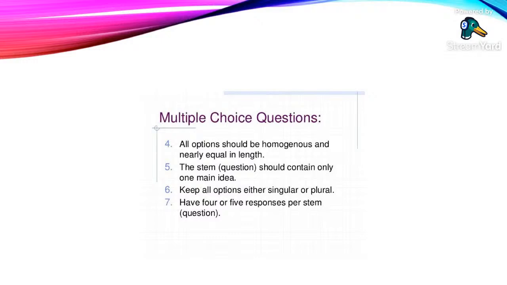Then we have the next one, have 4 or 5 responses per stem. In other words, you must construct 4 to 5 options. But I think, I do not know, in the lower grades, let's say grade 1 or 2 or 3, there are only 3 options most of the time.